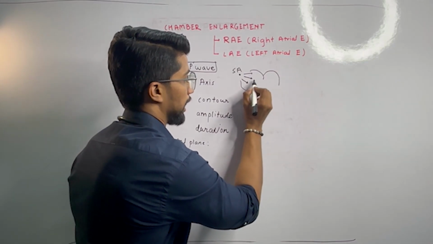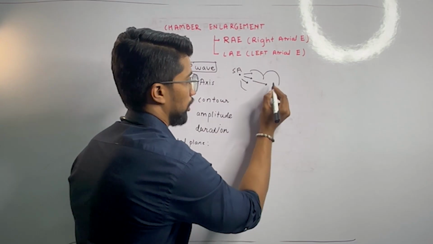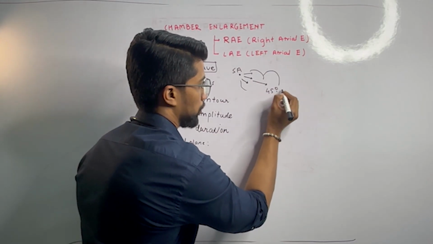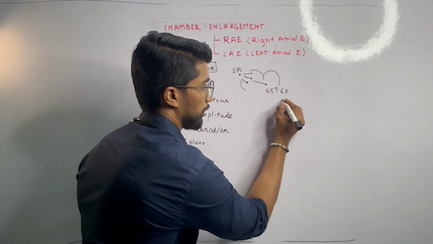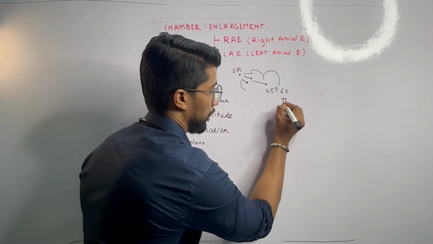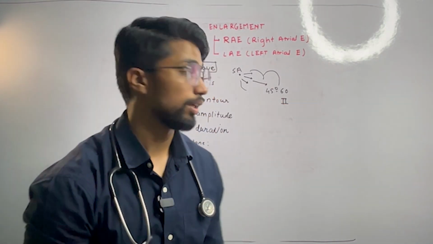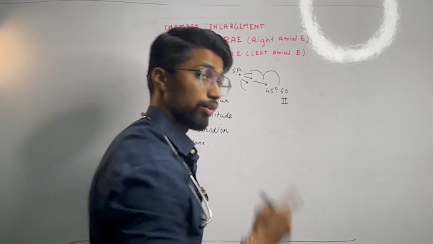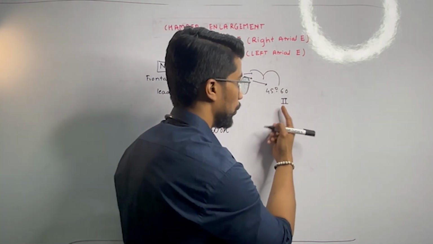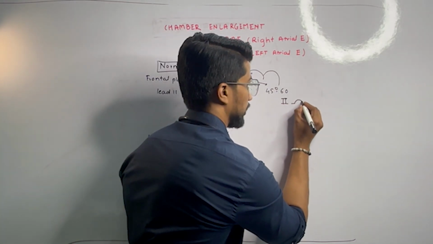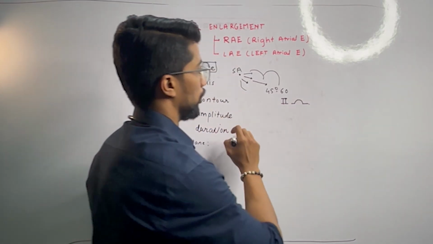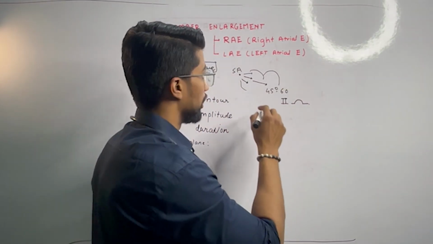The axis is 45 to 60 degrees, and the lead corresponding to it is lead 2. So the sinus P wave is always going to be upright in lead 2, and the highest amplitude is seen in lead 2, because it's growing in that direction.